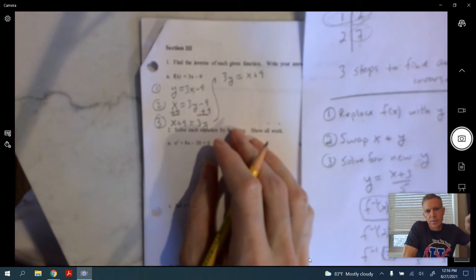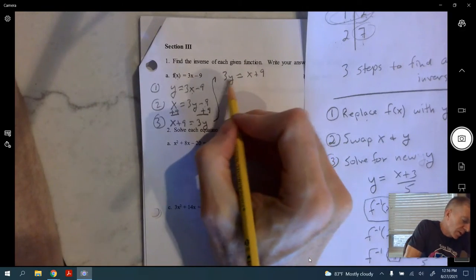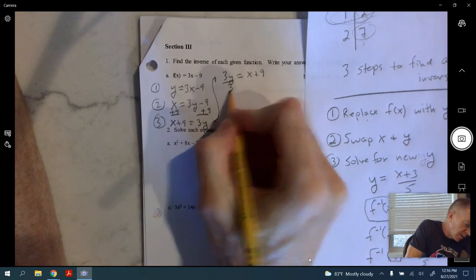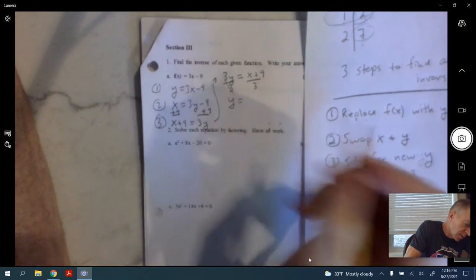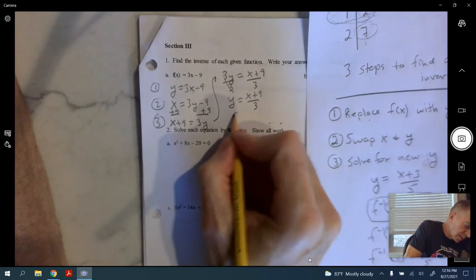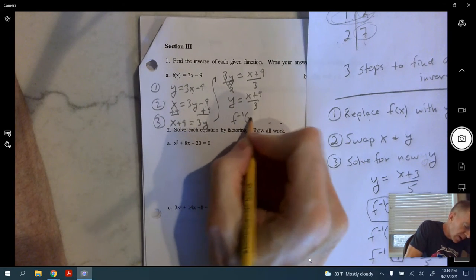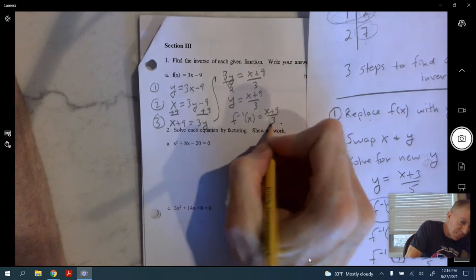Okay, we want to get the y by itself. The y is being multiplied by a 3, so to unmultiply, we divide. You get y equals, the 3's cancel, x plus 9 over 3. And that is your inverse function. F inverse of x equals x plus 9 over 3.